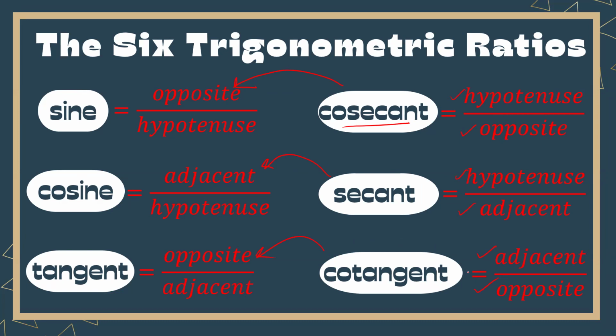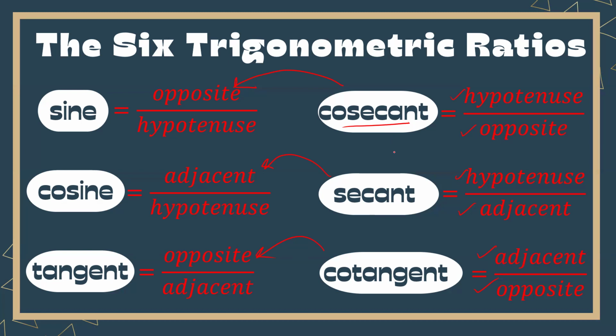Okay? So you may be able to think about a mnemonic device for all this, right? So cosecant is hypotenuse over opposite side, secant hypotenuse over adjacent, and then cotangent adjacent over opposite.